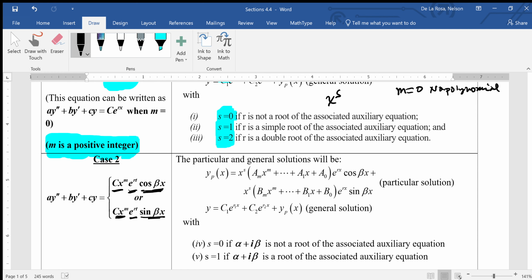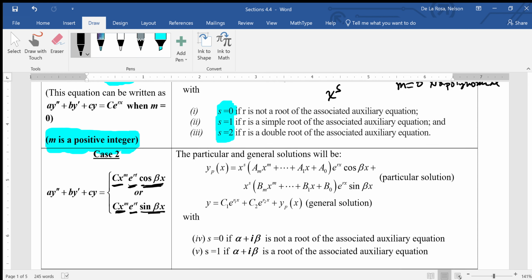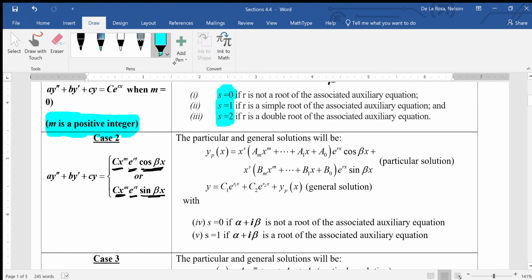So the solution is going to be like the one I'm shading now in yellow.